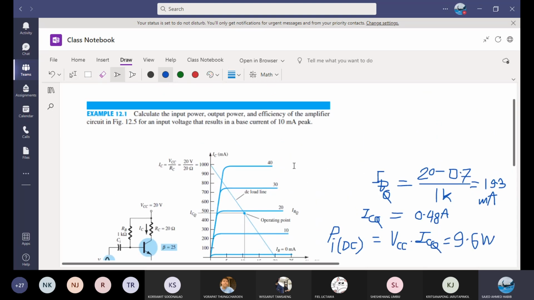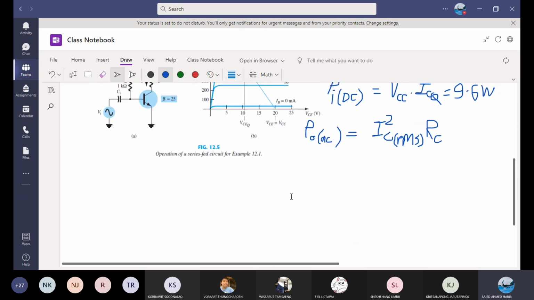We have a hint here for finding the peak collector current. The base current is 10 milliampere peak. So if you want to find I_C peak, I_C peak equals beta times I_B peak.